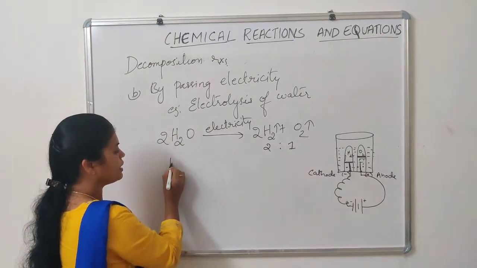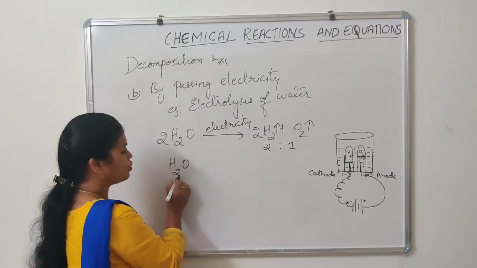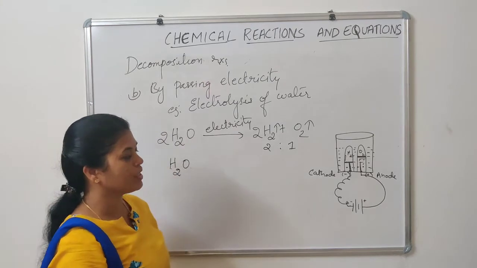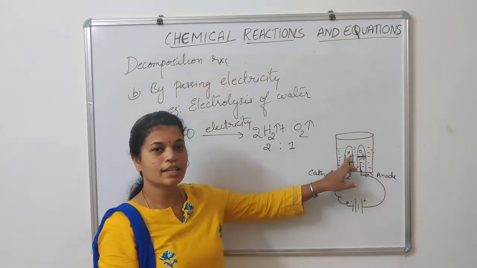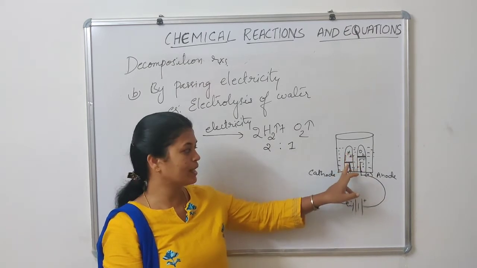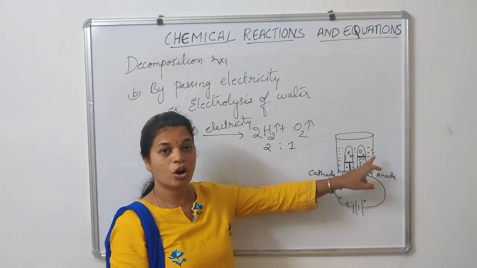Or just take water, H2O, which has 2 atoms of hydrogen and 1 atom of oxygen. Similarly, the gas at the cathode is hydrogen, which is double the volume of oxygen.